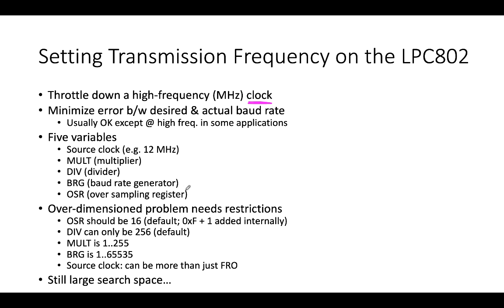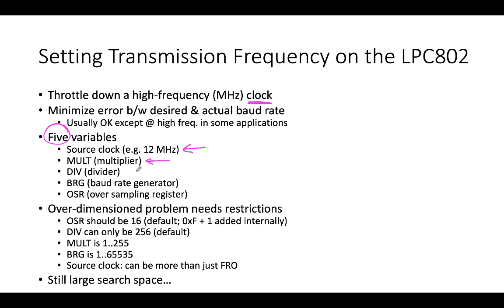Anyway, to configure that, on the LPC802 there are 5 variables that need to be taken into consideration. First is the main clock source. In our case, that's normally 9, 12, or 15 megahertz, and we're going to be using 12 megahertz. Then there are prescale values or registers.